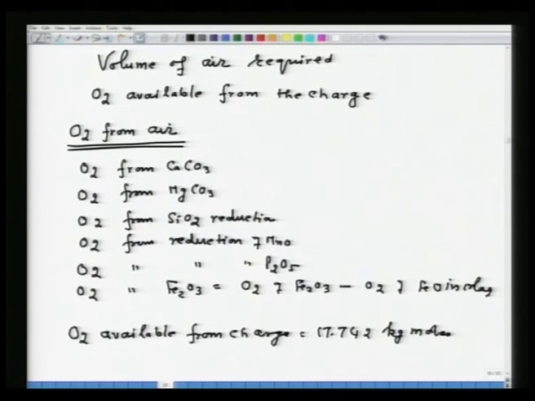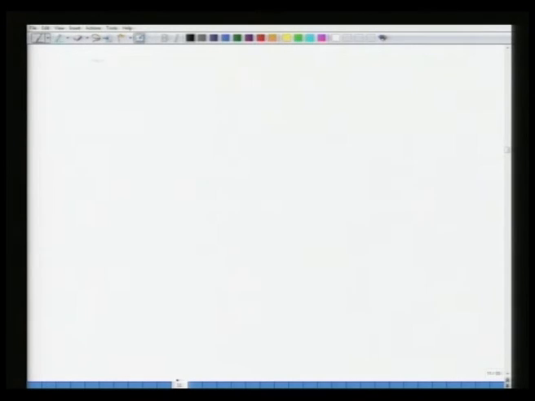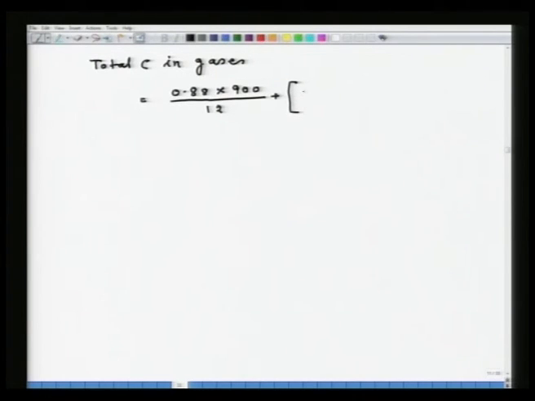Now, in order to calculate the amount of air, we have to find out the total carbon in gases. Total carbon in gases will be equal to 0.88 into 900 upon 12 plus 0.96 upon 100 plus 0.02 upon 84.